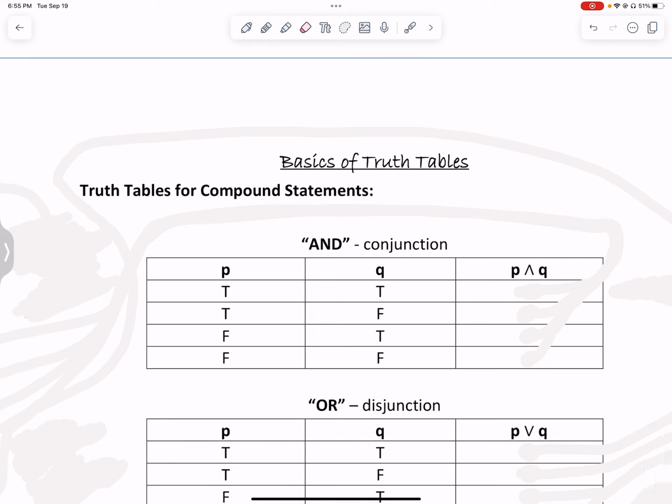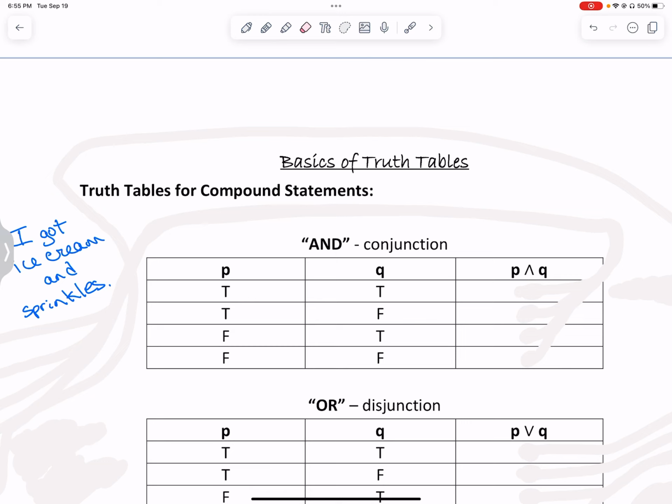So our truth tables, let's think of a compound statement made of two statements: I got ice cream and I got sprinkles. Okay, so we've got the and.